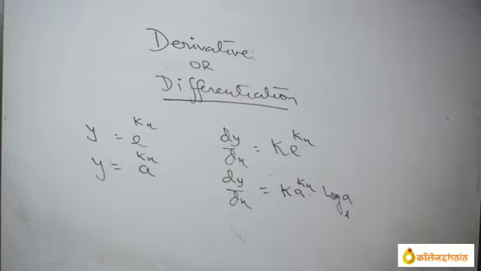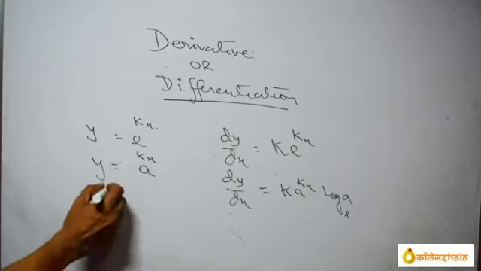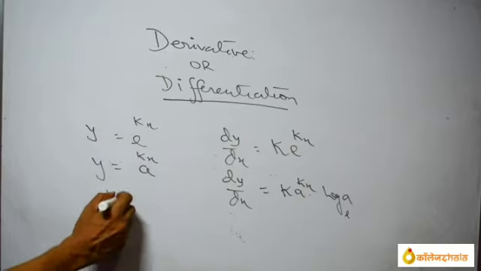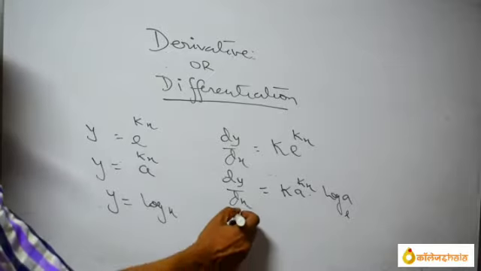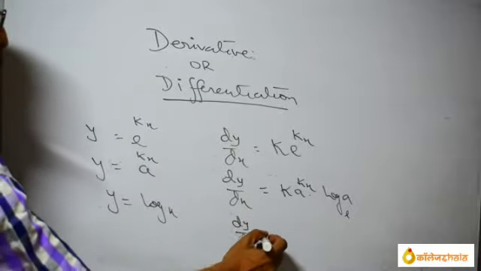The difference is that e is a particular number, while a is any number. And one more formula: if y is equal to log x, where x is a positive number, then dy dx will be 1 by x.